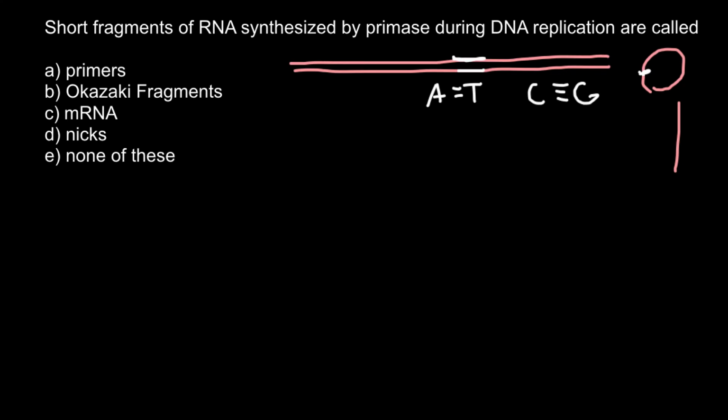So of course in such origins of replication we can expect this sequence to be AT rich. In prokaryotes like bacteria there is only a single such origin of replication.